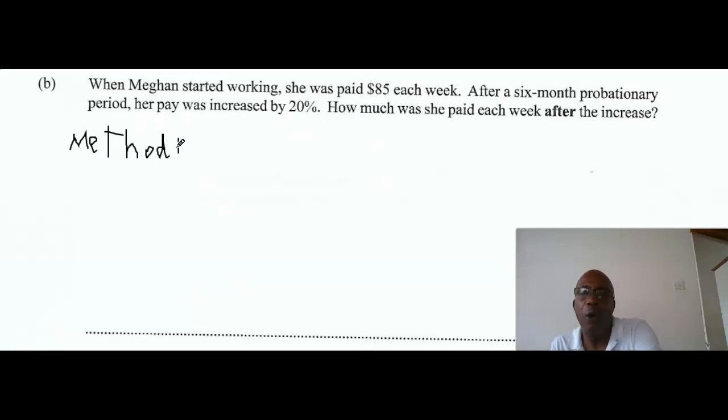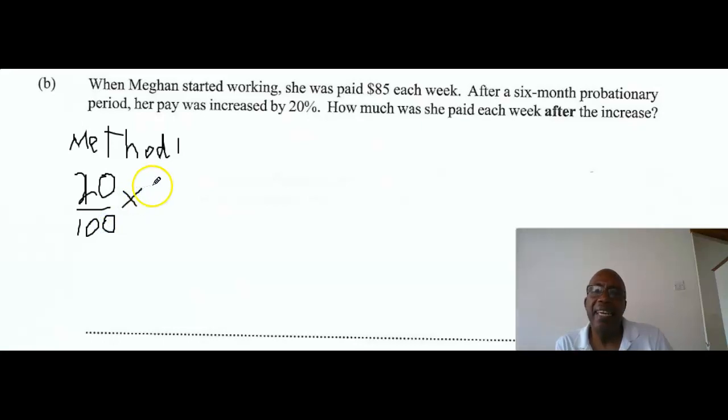And so therefore, we're going to find 20%. 20% is just 20 over 100. 20% of, which means multiply by, $85.